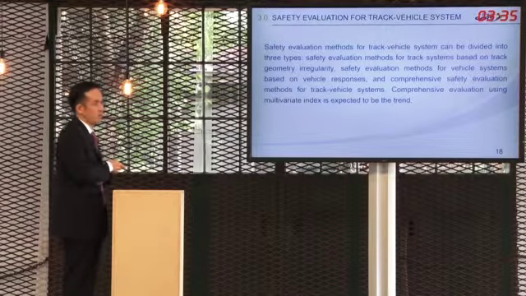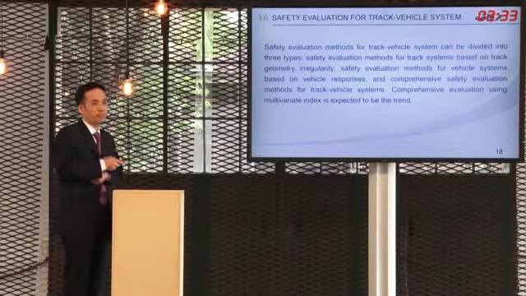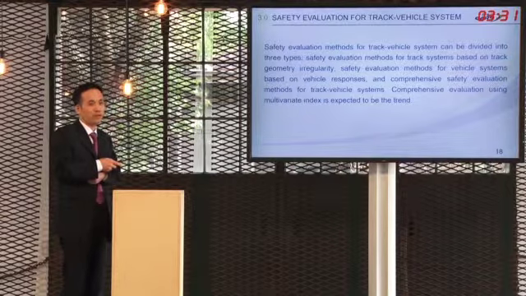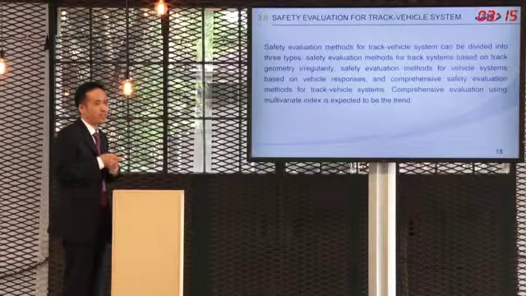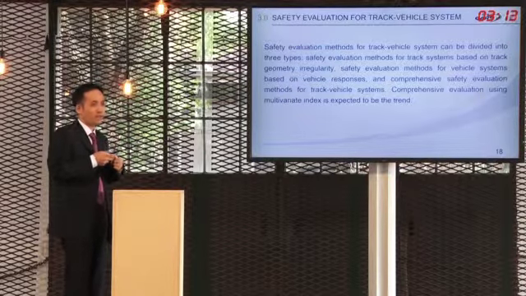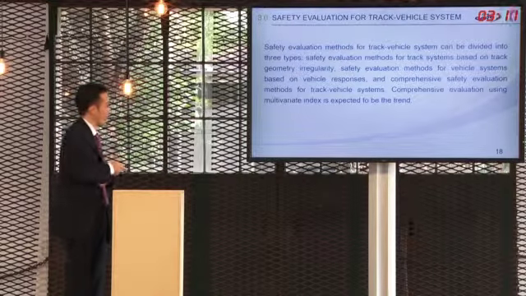Furthermore, in this identification model, we can obtain the contact force. We also can obtain the contact parameters, such as the lift of the wheel sets, which can be used to evaluate the safety of the track and vehicle system status.